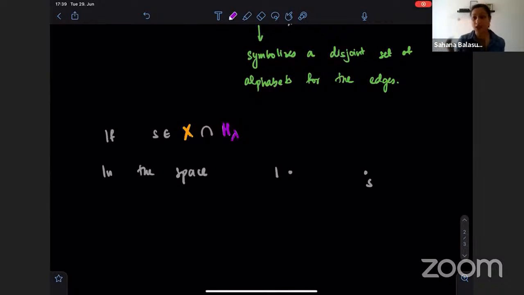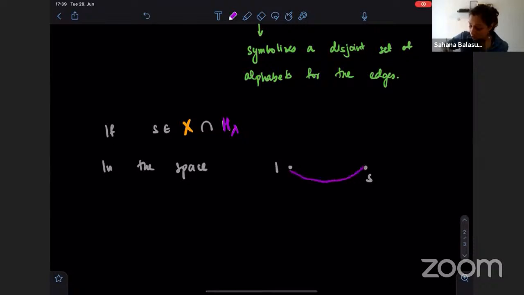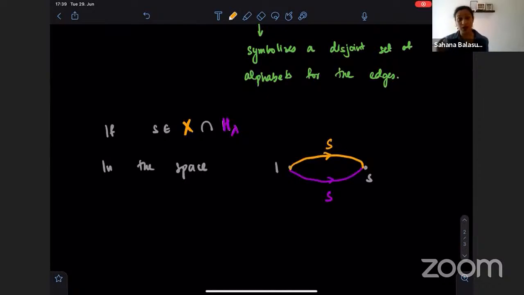Well, in this space, I'm going to have two edges. I'm going to have one edge that is labeled by S, but it comes with the purple coloring to symbolize that this is where I think of it as an element of H lambda. And I'm also going to have an orange edge, which is also labeled by the same element S, but this is where I think of it as being an element of this relative generating set.